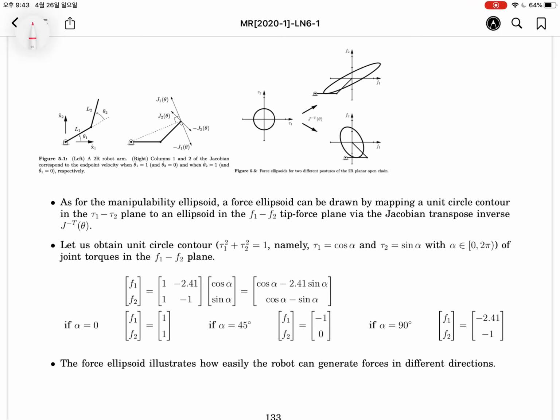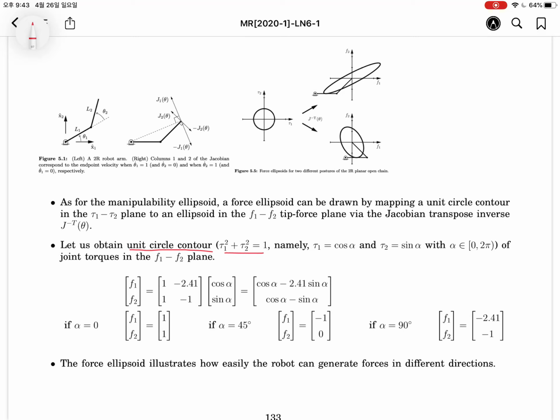Okay, this Jacobian inverse transpose can make another concept. Here is the force ellipsoid. In order to define the force ellipsoid, we will use the unit circle of torque.